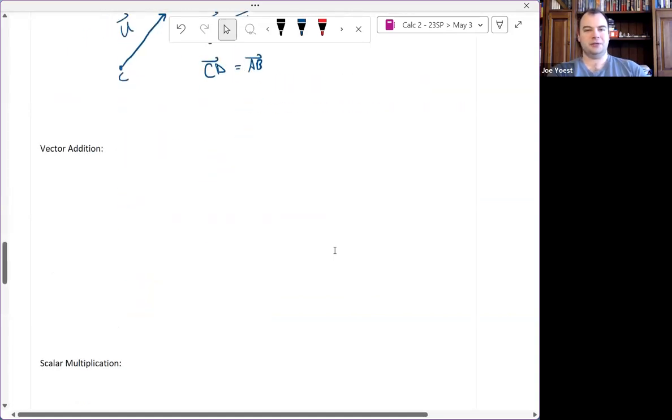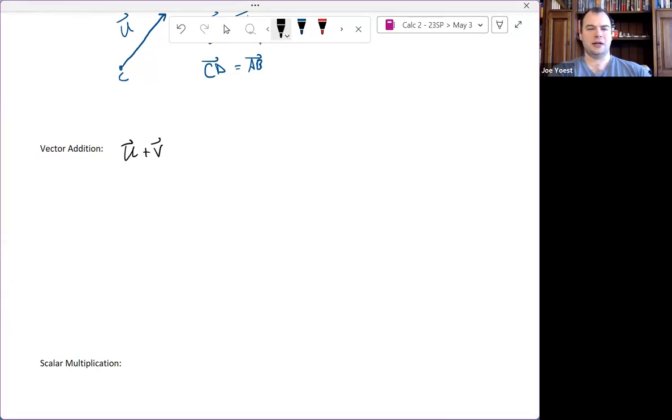So, vector addition. How do we add two vectors? Say U bar plus V bar, not necessarily the same U and V as up there. So let's consider a vector U and a vector V. How would I add these together?